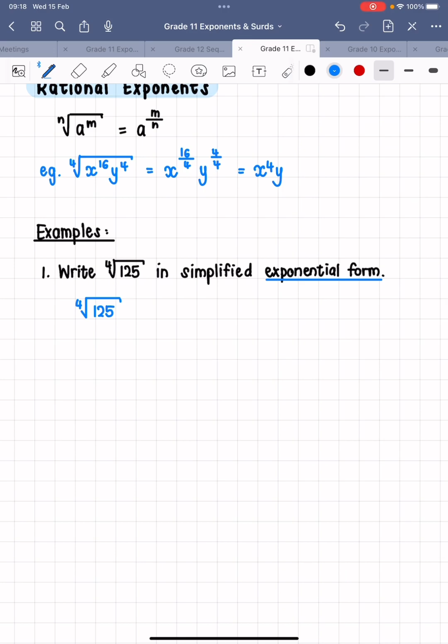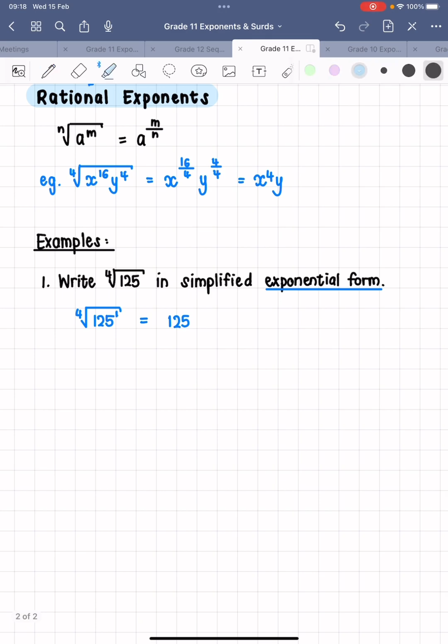Now, on the inside of the surd, 125 has an exponent of 1. It's just not written there. So to write this in exponential form, we're going to have 125 to the power of, now let's look at this rule here at the top.